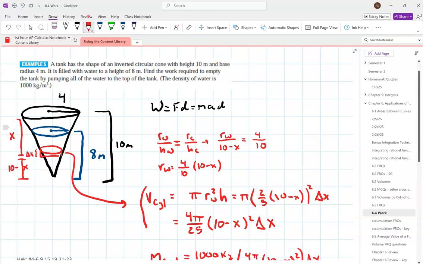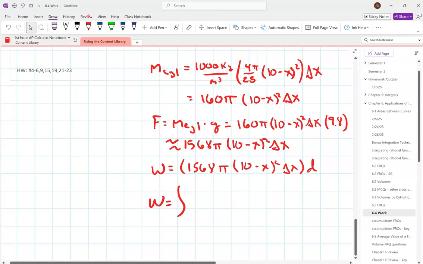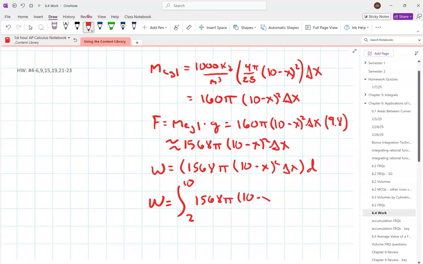So the first cylinder has to move 2 meters and the last cylinder would have to move 10 meters, right? Everybody's okay with that? So we're going to be going from 2 to 10 of 1568 pi times 10 minus x squared. And then the d is just going to be that x that we drew in there, delta x. Or I'm sorry, now it's dx now. Right, when we're doing the integral, the delta x just turns into a dx.